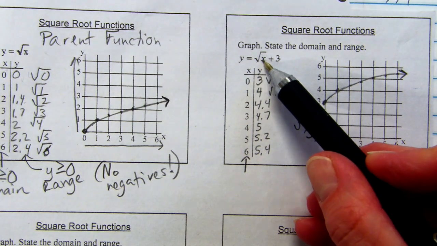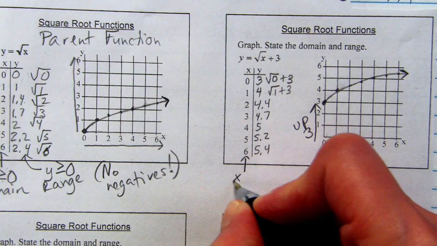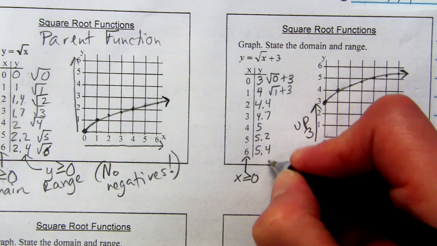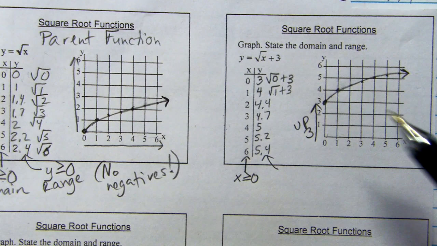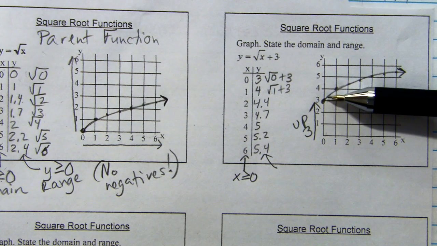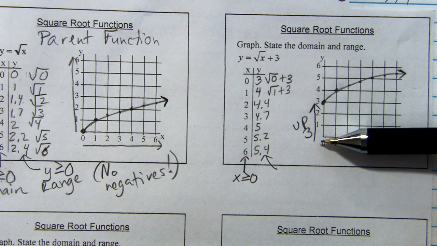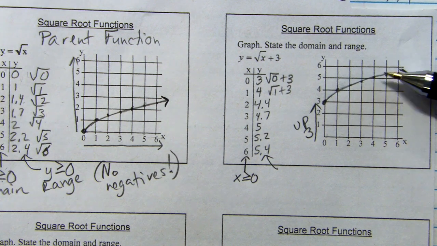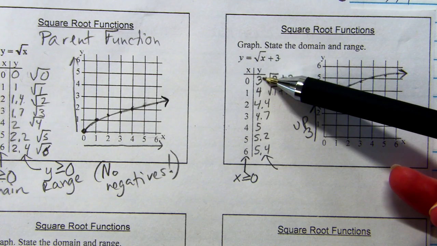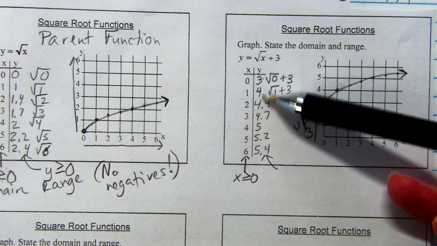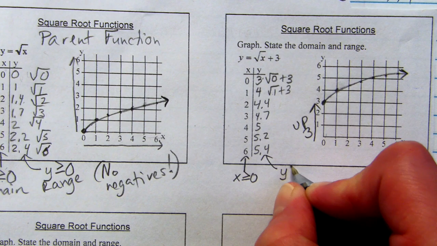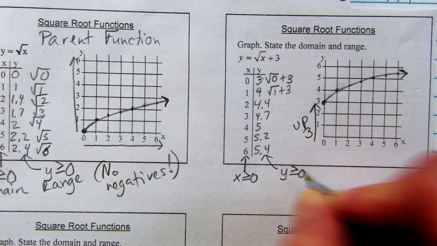So what that means is my domain's still the same. I can still put the same numbers in because my x values are still greater than or equal to 0. My range, my y values, there is nothing below 3. You see how it starts at 3 and goes up? 3 is the smallest number that I have for y.